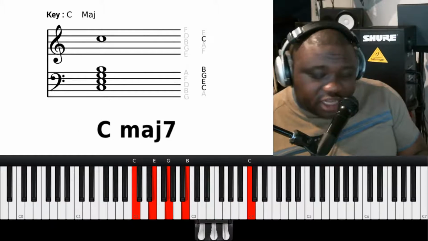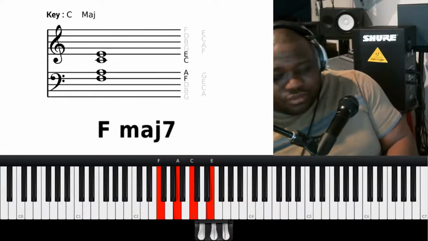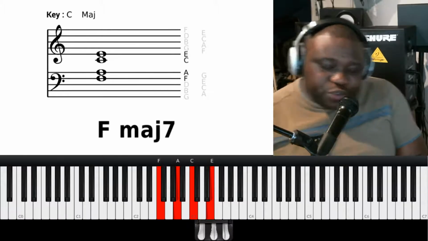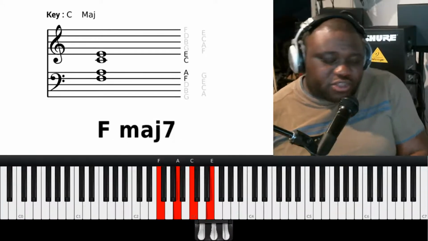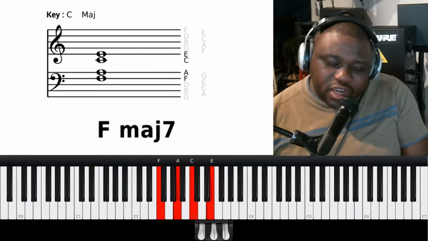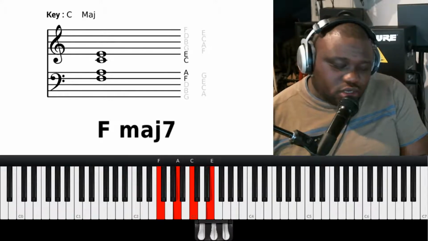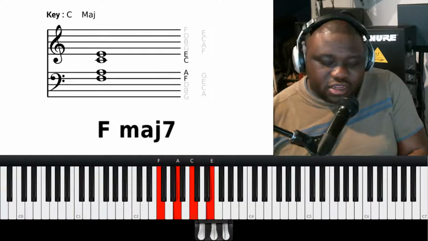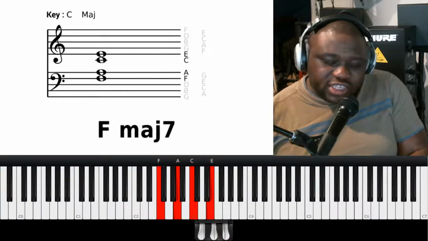So we start from the extension. I'm not sitting well because my hands are here. I have to go lower. So let me just move my body here a little bit. So if we have this, and this is the F, right? Which is a perfect seventh, right? And let's just say we wanted to do the extensions.